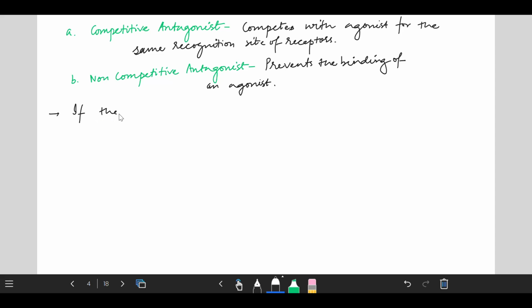So, if the ligand takes part in non-receptor mediated action, how will it act?